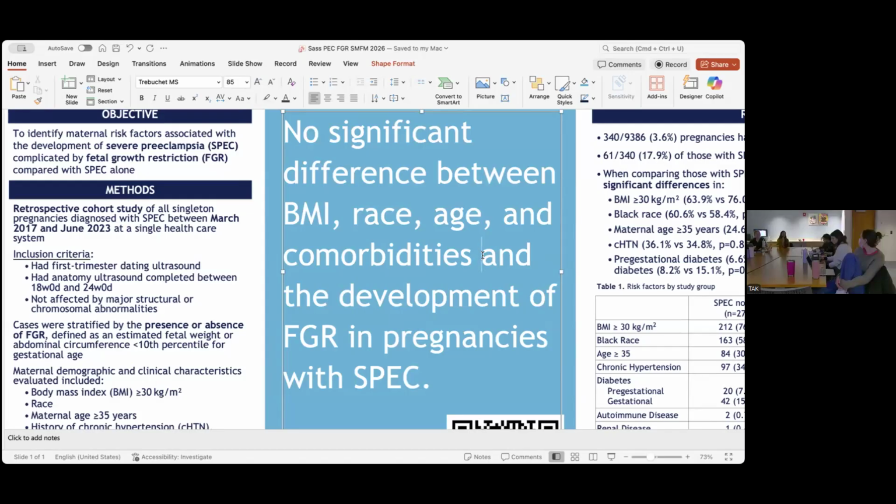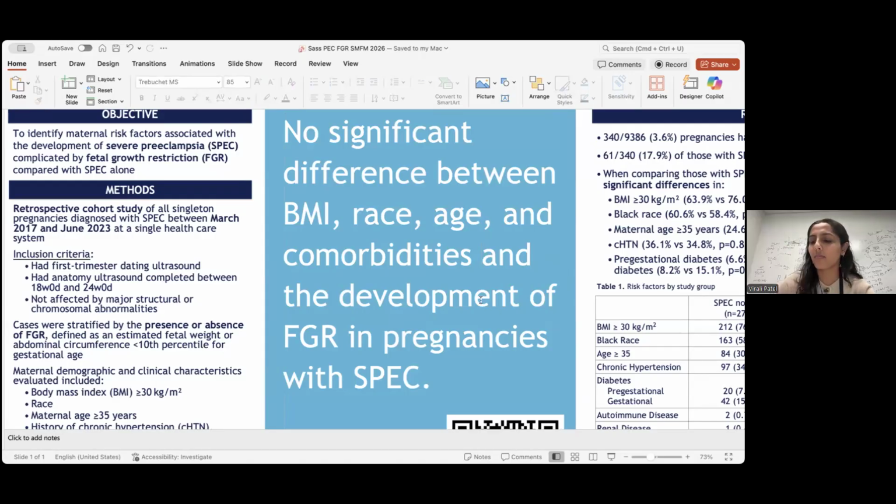And I wouldn't say, again, development of FGR, because they might have had FGR and then developed severe preeclampsia. Correct. Would you consider flipping the sentence and start with FGR in pregnancies and then have the "no" afterwards? Yeah, I think that works too.